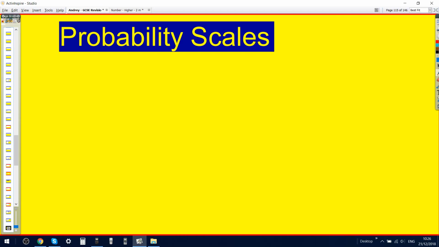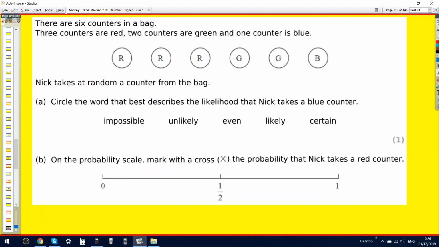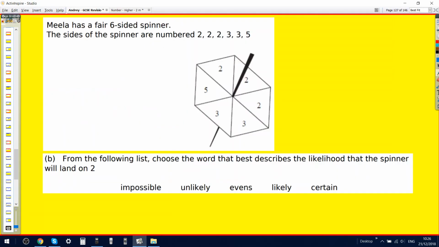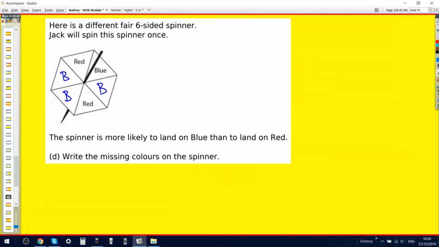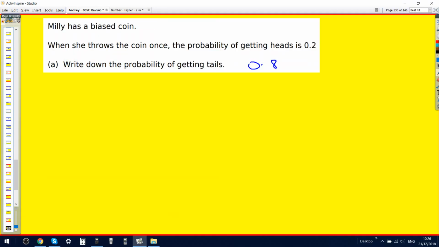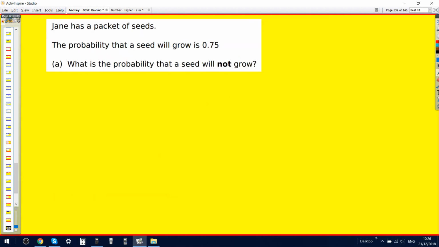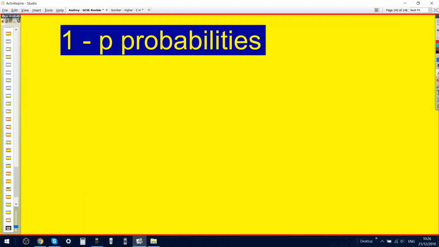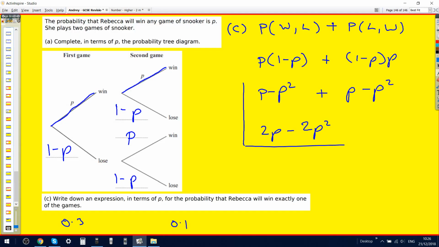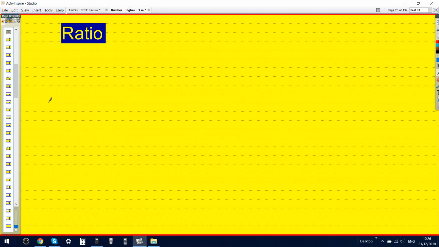So, no. Okay. So that's just 2-way table. Okay. And then 2 marker.